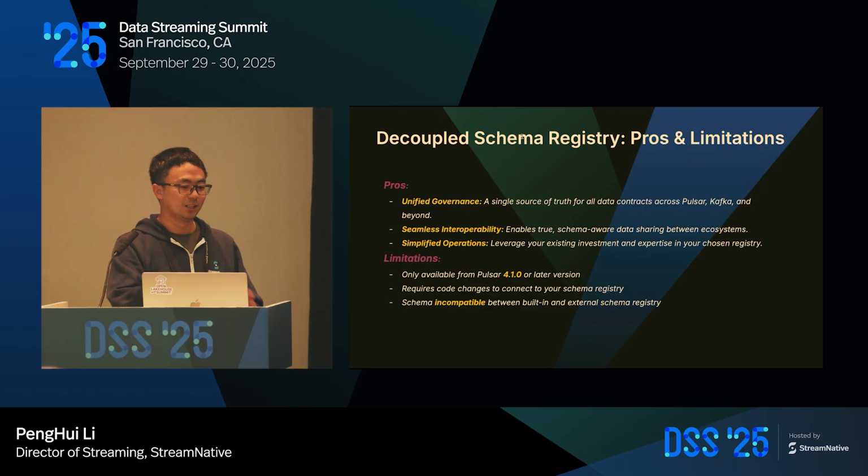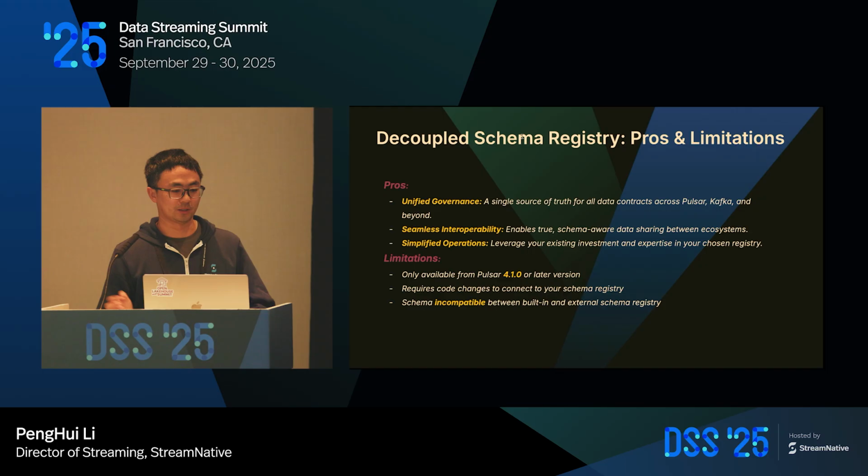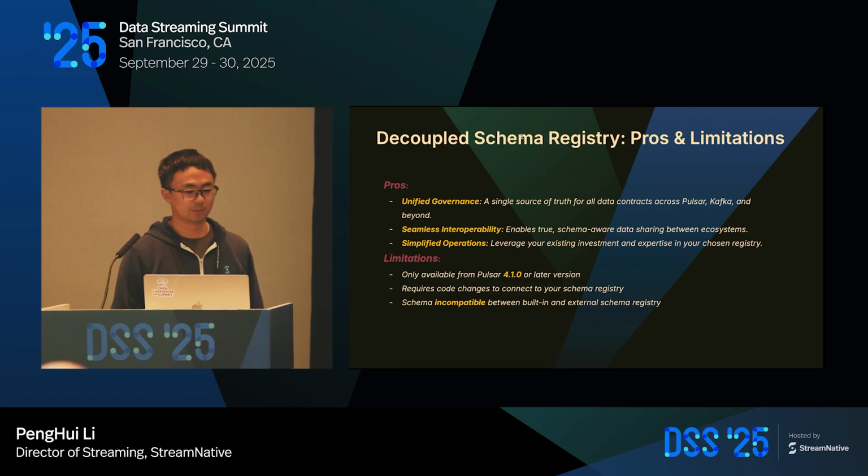You can just share data with Pulsar schema, because most of the integrations, like Flink or some connectors, talk to the Pulsar client directly. They don't need to talk to a schema registry.